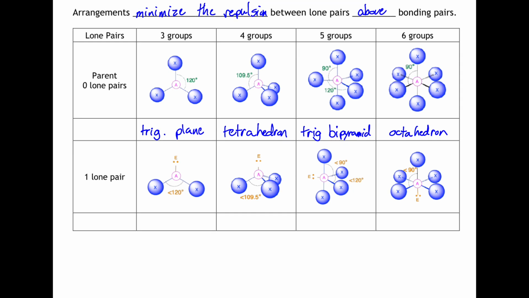Okay, so then we're going to take one of the top pictures, take one of the atoms away, and replace it with a lone pair, with the dots. So basically we're looking at this kind of pair here, and we're going to take this atom off and replace it with the pair. That's the kind of analogy we're working with here. And so we have the same basic shape, but with one of the atoms gone.